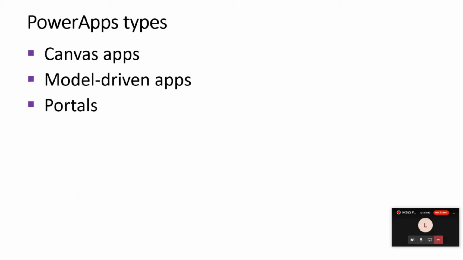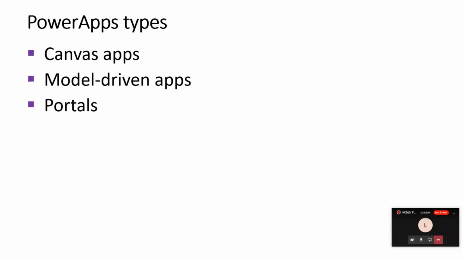And we have three types of PowerApps: Canvas apps, model-driven apps, and portals. Canvas apps is the typical and, I think, mostly used type of PowerApps, and we can build a business application using it. We have a lot of flexibility, a lot of built-in controls, actions, etc. We can also use this type to customize SharePoint Online forms.